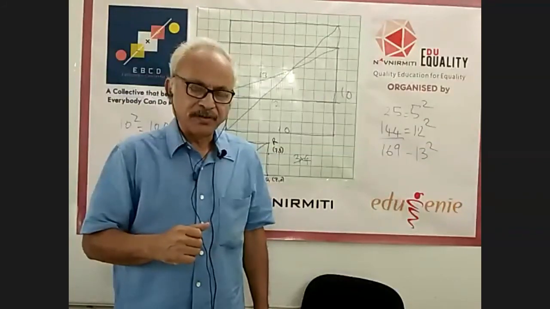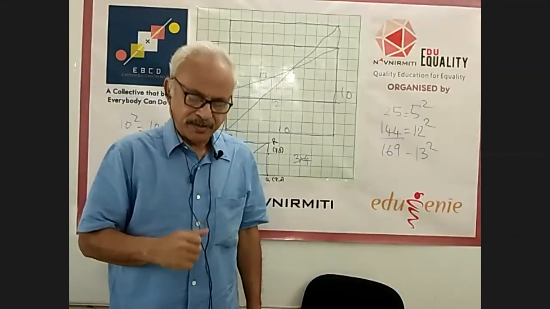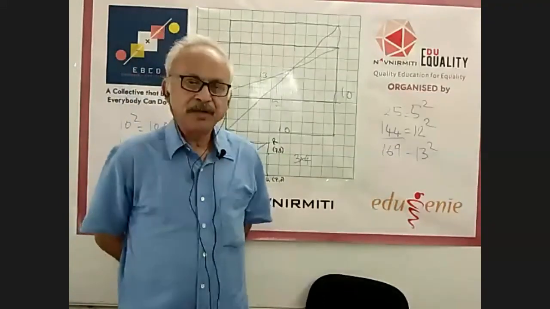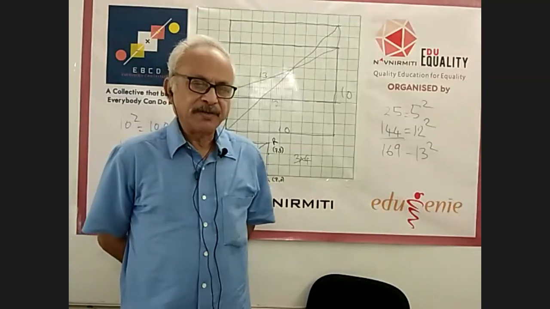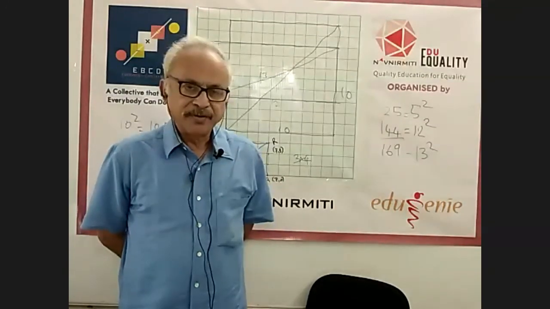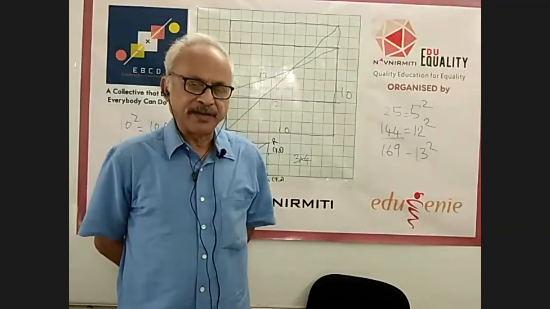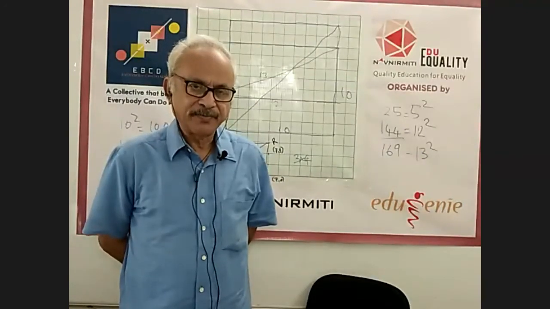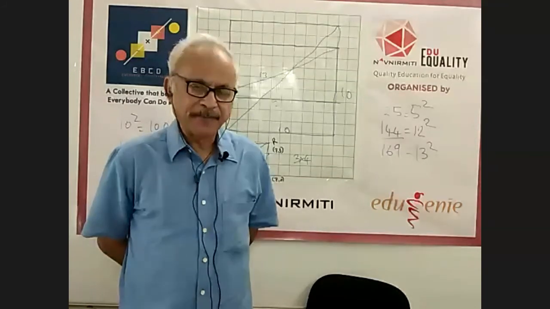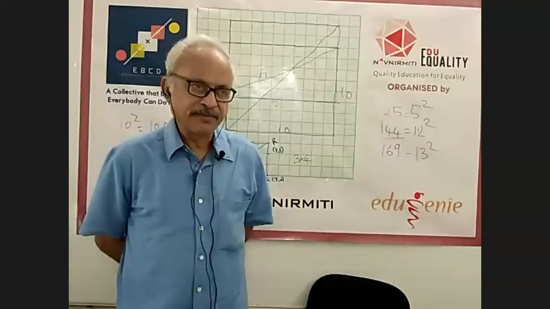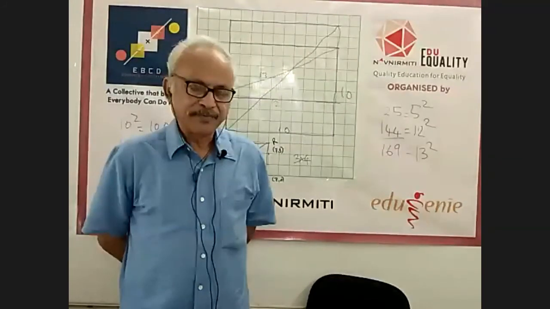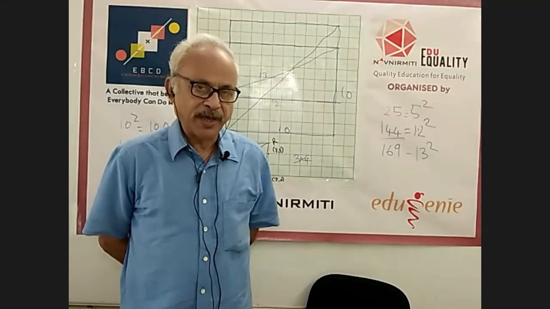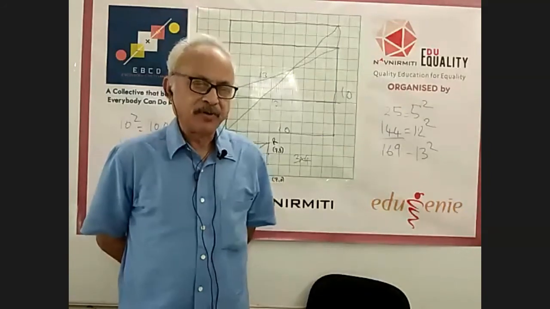Sir, I did not understand. Yes, sir, I also didn't understand. Let me repeat. What have we seen? We have seen that if I draw a rectangle and I draw the diagonal and I measure the sides and I measure the diagonal, then I take the square of the length of one side.